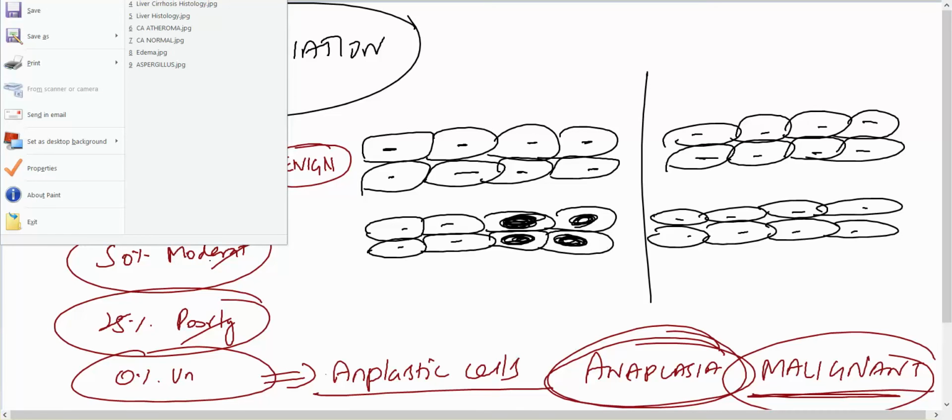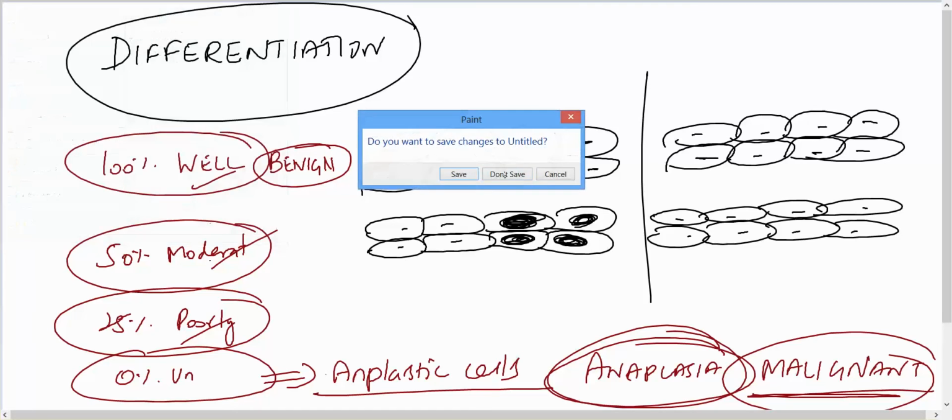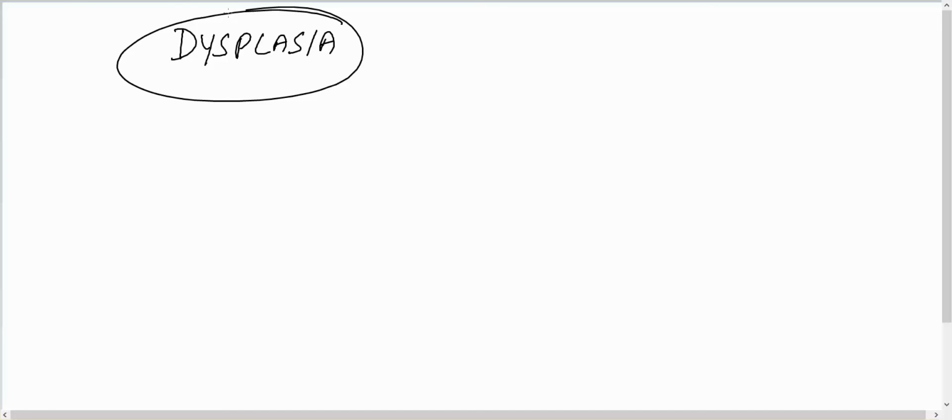So let us discuss another concept called dysplasia. Dysplasia means disordered growth. This is seen only in the epithelium.